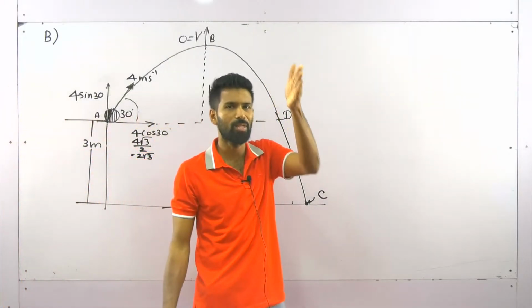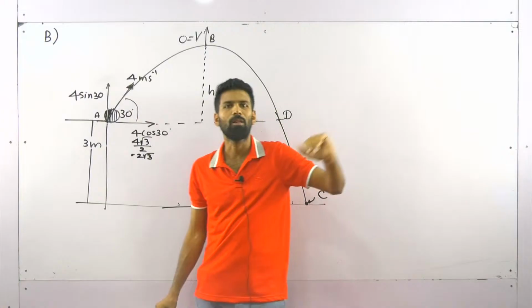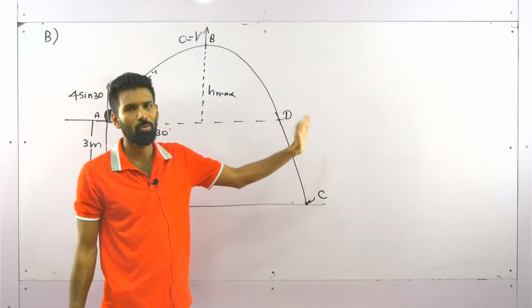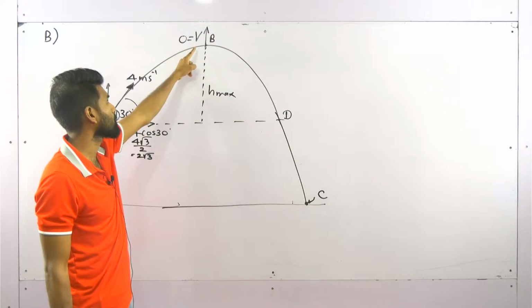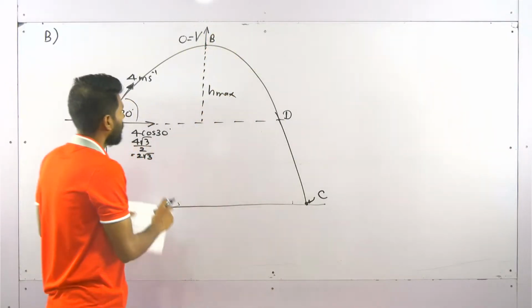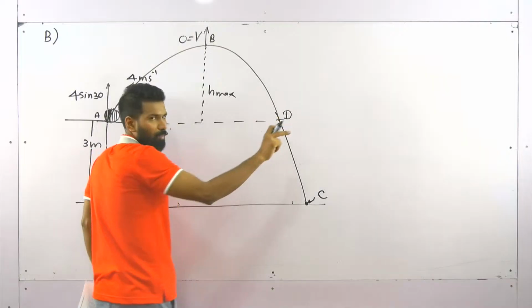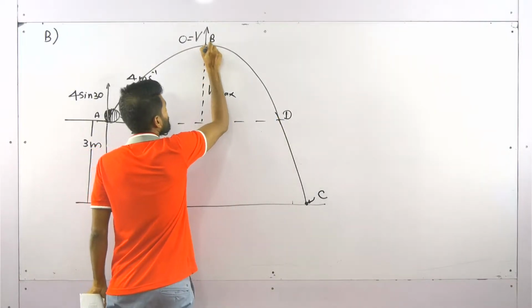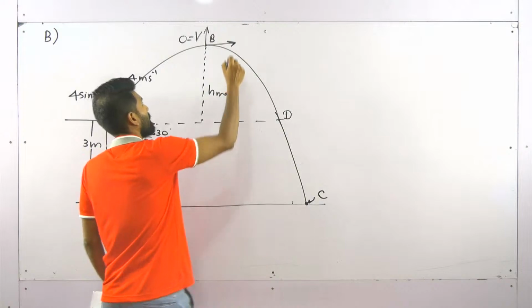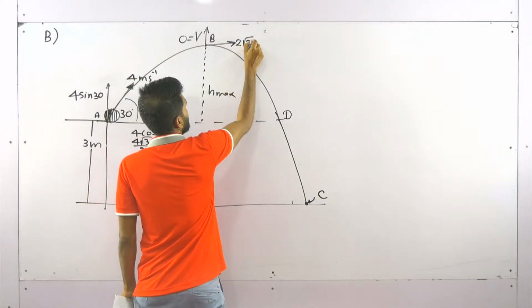Acceleration of gravity is vertical, so it can't affect the horizontal. So the initial horizontal velocity component will remain the same throughout the motion. At the highest point, there is no vertical velocity component, but the horizontal component is always there. What is the horizontal component? 2 root 3 meters per second.